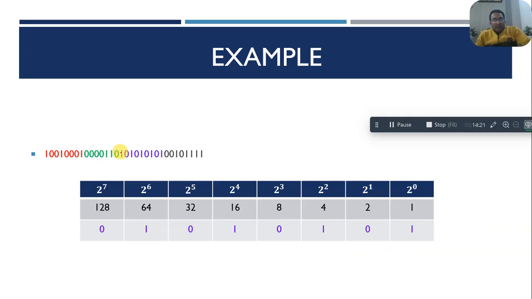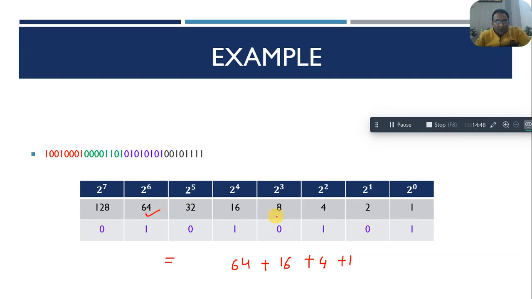Then moving towards the third octet, the third octet has 0 1 0 1 0 1 0 1. Again we are going to convert it into decimal format. So 1 plus 1 into 4 plus 1 into 16 plus 1 into 64. I am adding just those numbers where in the binary format there is a 1.